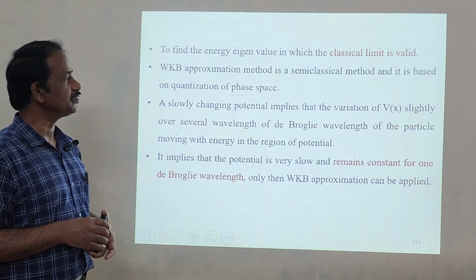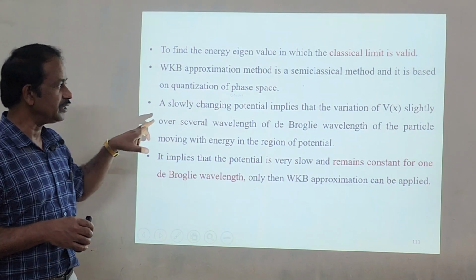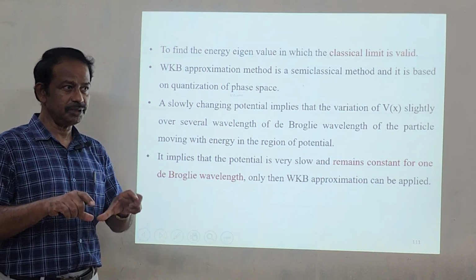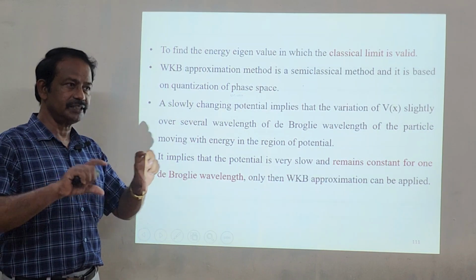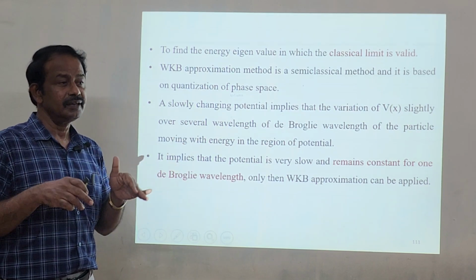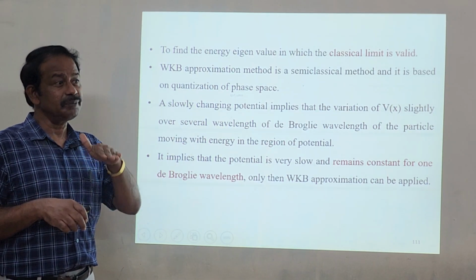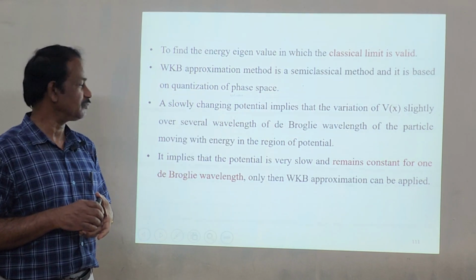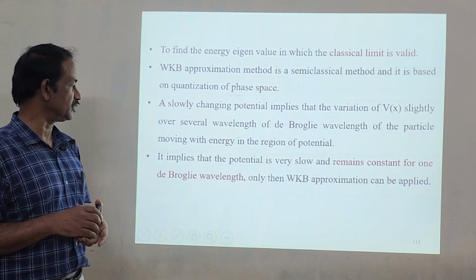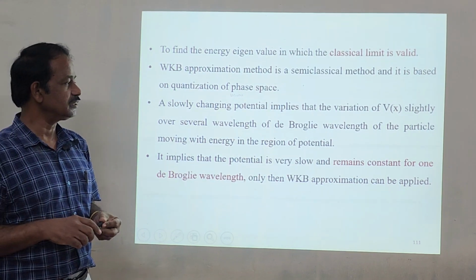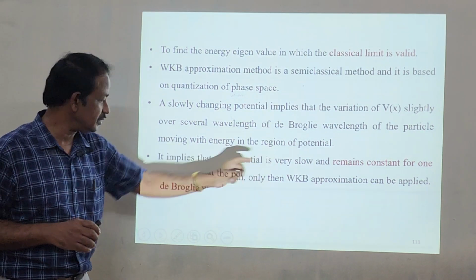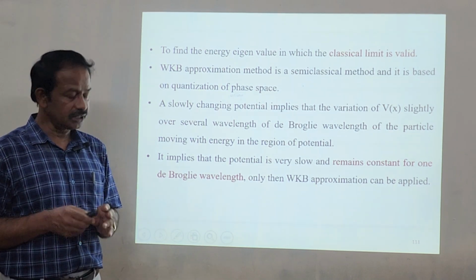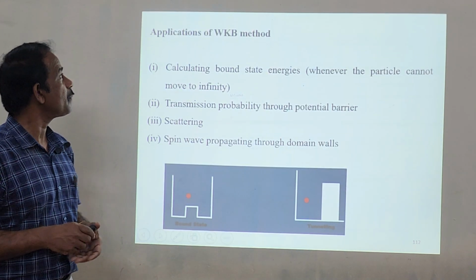A slowly changing potential implies that V of x varies only slightly over several de Broglie wavelengths. The minimum will be one wavelength, and it can also be several. So it means that V of x will remain constant over the de Broglie wavelength of the particle moving with that energy in the region of the potential. It implies that the potential is very slow and remains constant for one de Broglie wavelength; only then can the WKB approximation be applied.